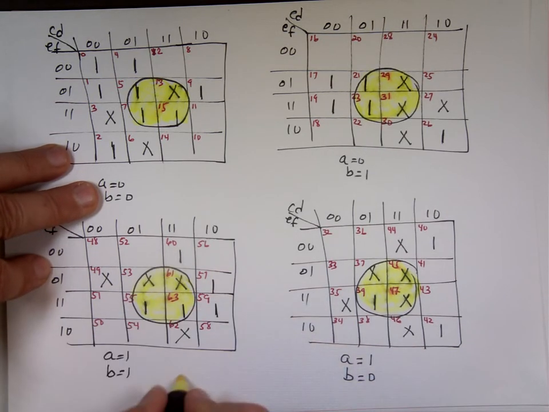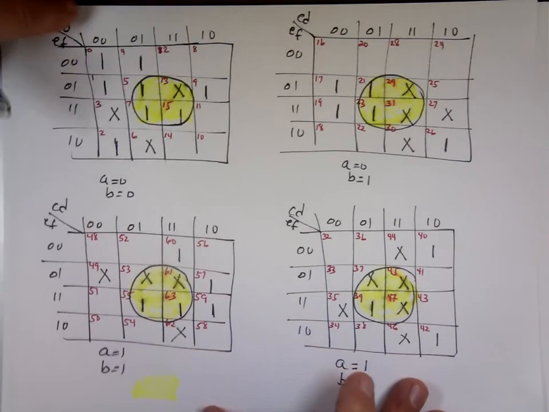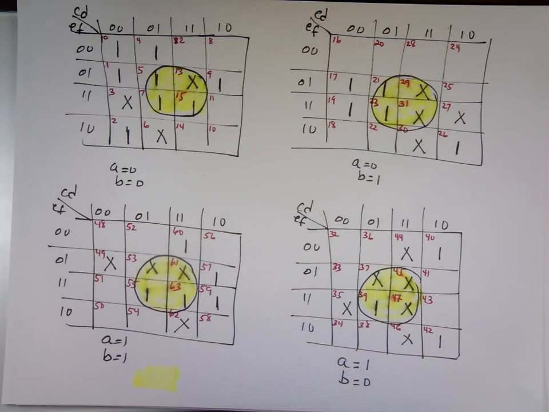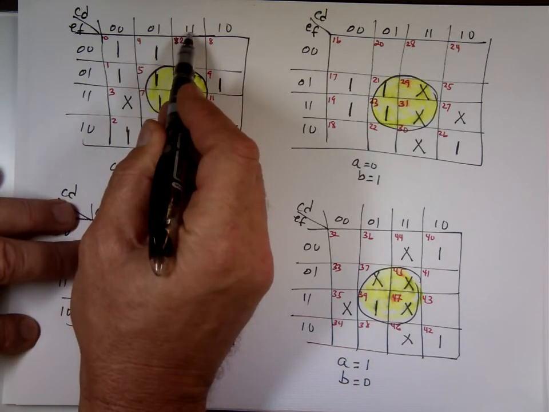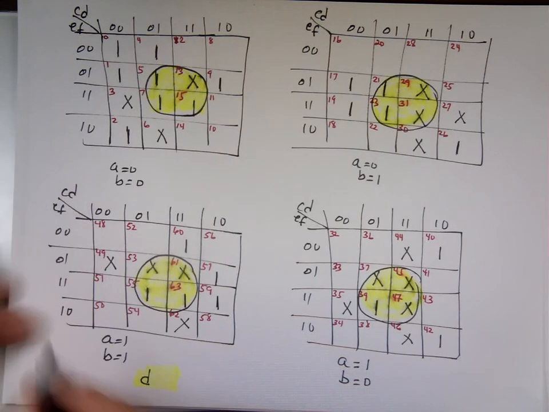So that yellow group, A and B are gone. C going from 0 to 1, that's changing, so it's gone. D is 1, that's D. And E is going from 0 to 1, that's gone. F is 1, that's F.